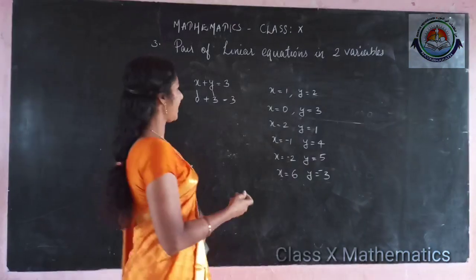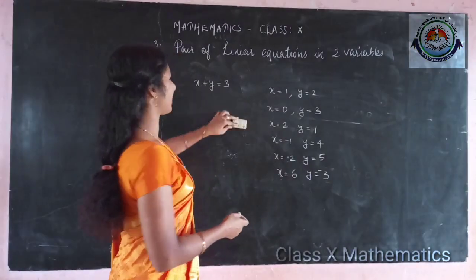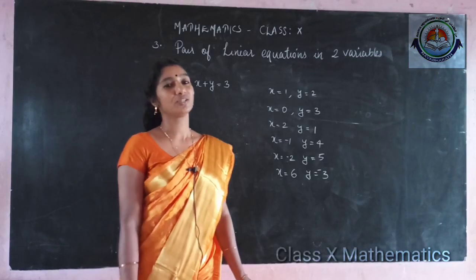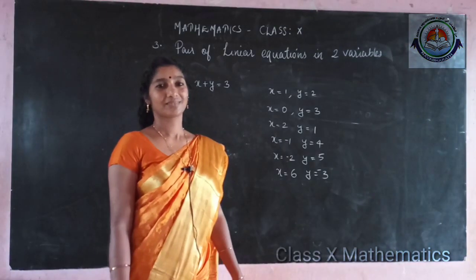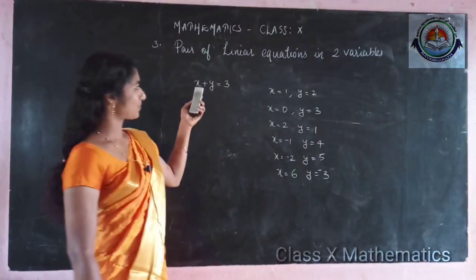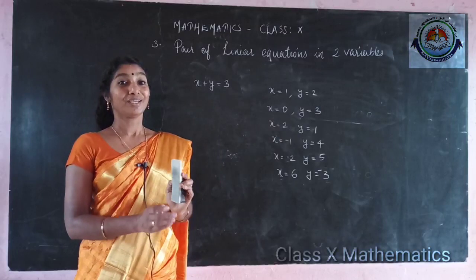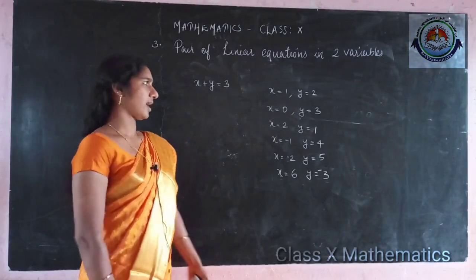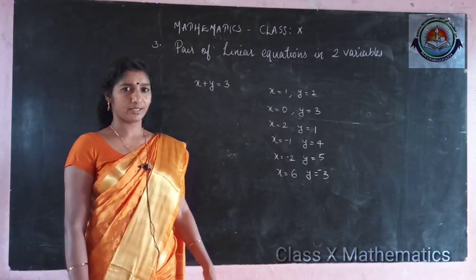Like this, we can write infinite solutions for x plus y is equal to 3, a linear equation in two variables. Correct now? Think about it, how nice an idea: x plus y is equal to 3 has infinite solutions. What will be the graph of x plus y is equal to 3?